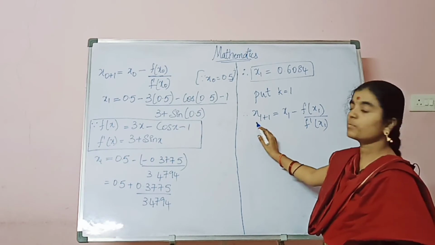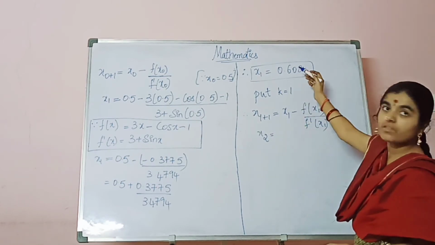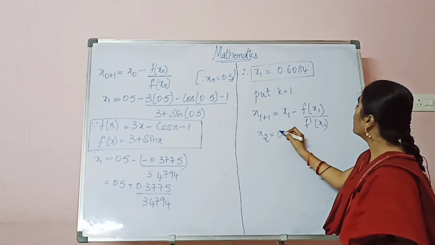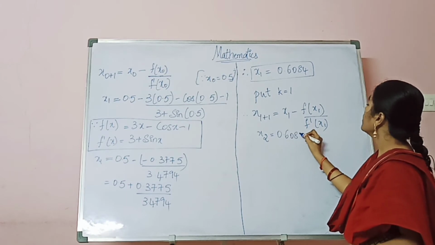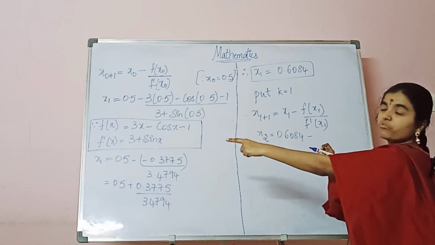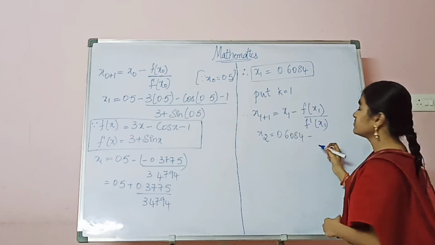So 1 plus 1 means x2. Here the value of x1 is 0.6084, and in the place of 0.5 we take this x1 value.